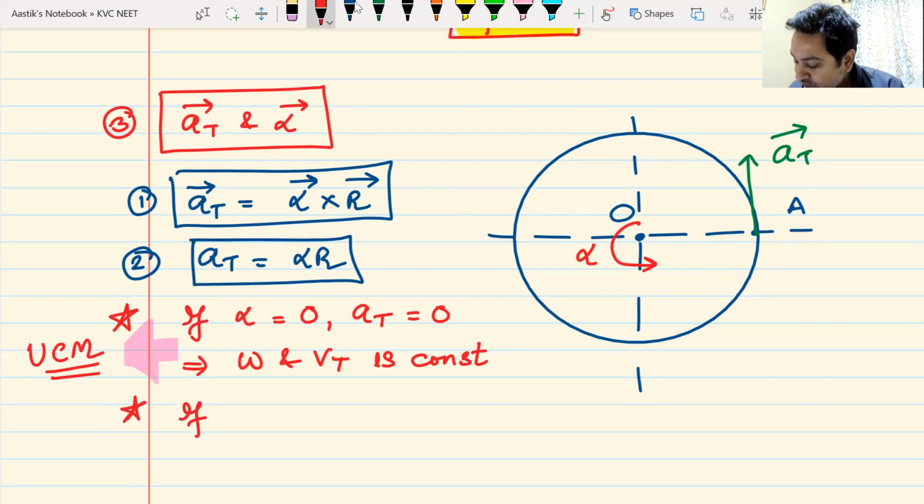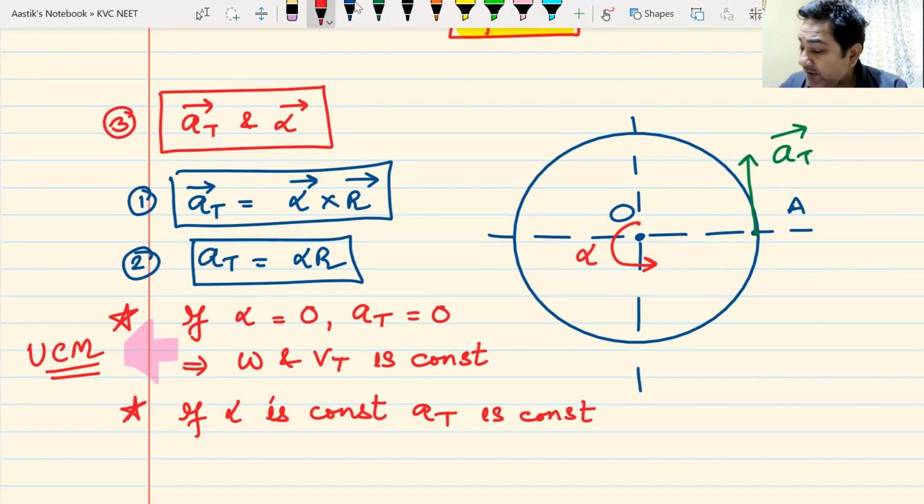Now, I can write another thing. If alpha is constant, and I'm talking about the magnitude here, then AT, which is the magnitude of tangential acceleration, is constant. As you can see here, at point A, AT is like this. If I go to point B, AT will remain same in magnitude, but it would have definitely changed its direction.